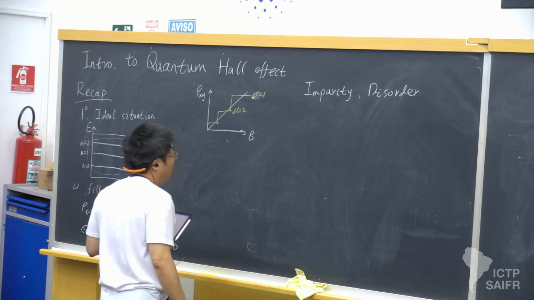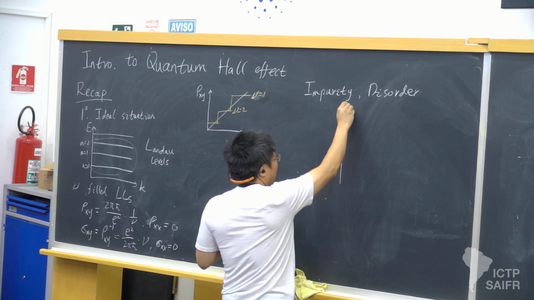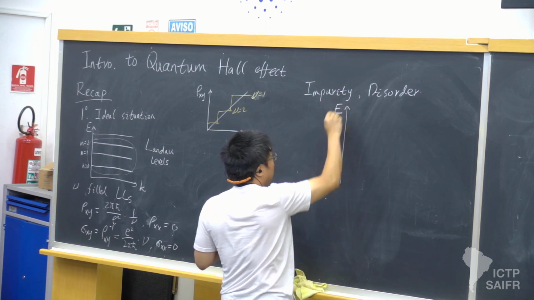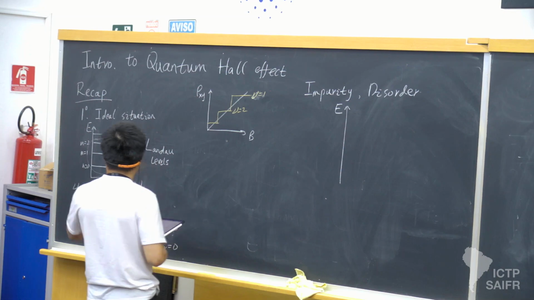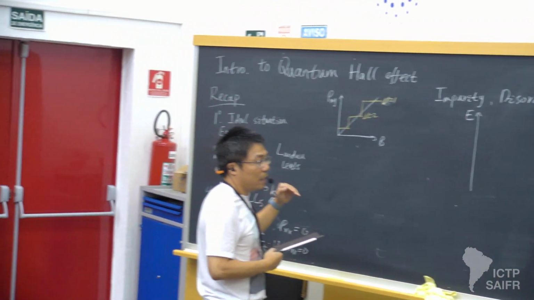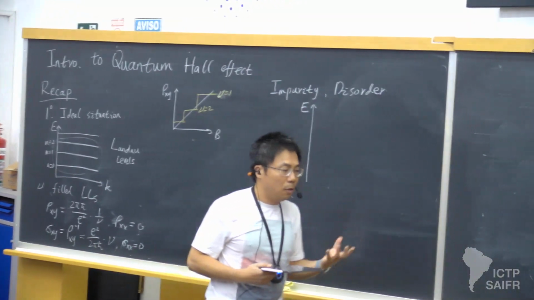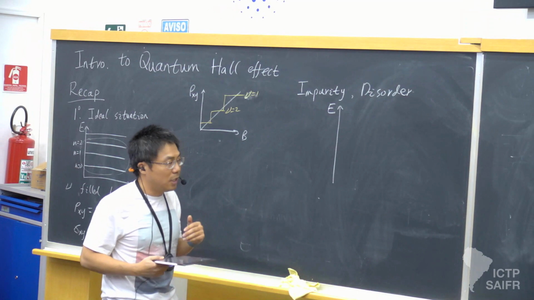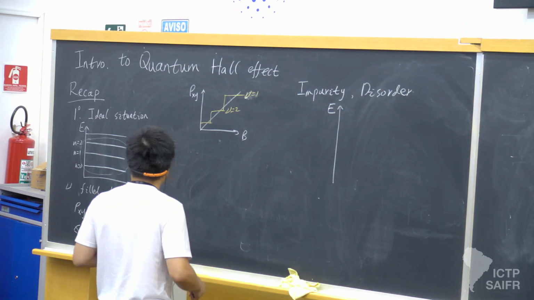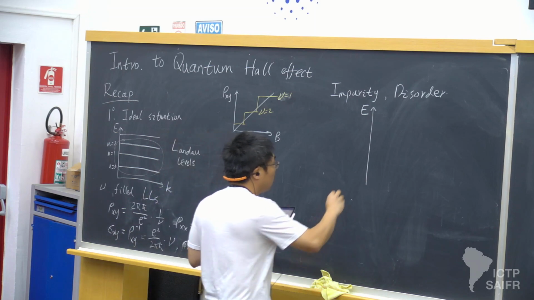I have explained that if you have those impurities and disorders, those completely flat, highly degenerate Landau levels will get perturbed. In particular, there's no reason you still have degeneracies. So I will just have non-degenerate states, right?